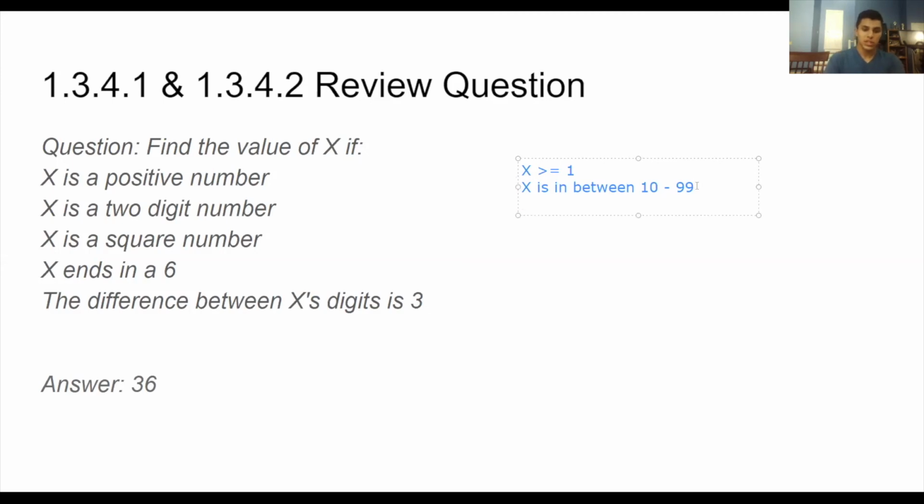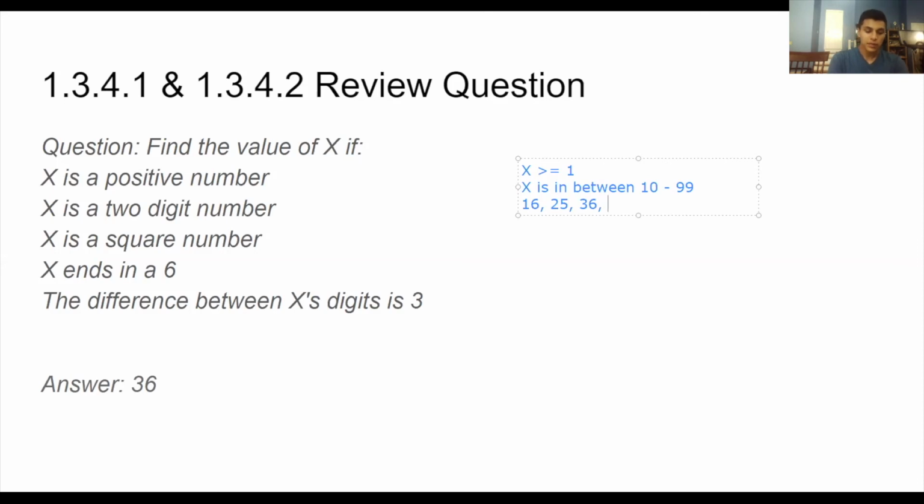So next condition, x is a square number. So now we've eliminated enough numbers that we can just start listing out possible numbers that x can be. So square numbers in between 10 and 99 include, so first we have 16, which is 4 times 4. Then we have, after that, 25, which is 5 times 5. 36, which is 6 times 6.